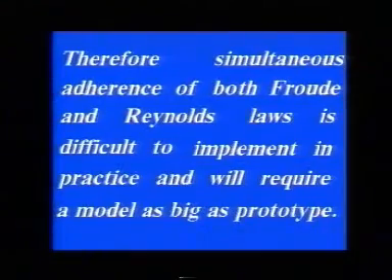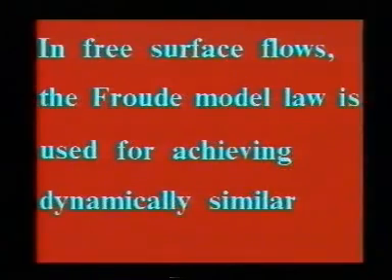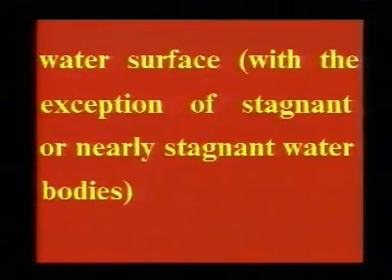Therefore, simultaneous adherence of both Froude and Reynolds laws is difficult to implement in practice and will require a model as big as prototype. In free surface flows, the Froude model law is used for achieving dynamically similar water surface with the exception of stagnant or nearly stagnant water bodies.